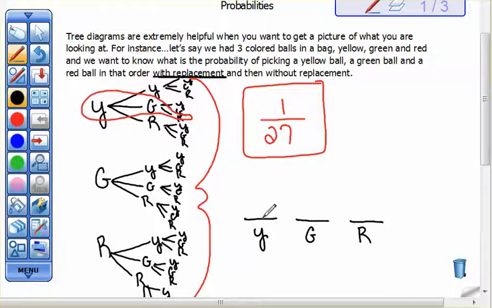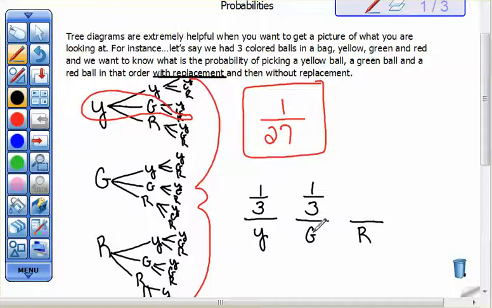Well, what are my chances to begin with of pulling out a yellow ball? There would be 1 out of 3 balls that would be yellow. Now, if I put that ball back in the bag and I want to pull out the green one, then there would be 1 out of 3 possibilities.